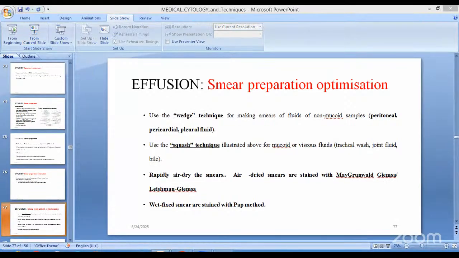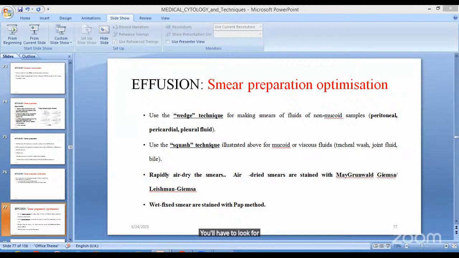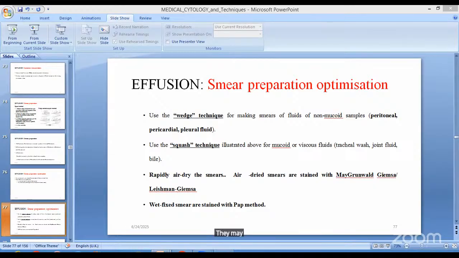The major cells you find in effusion are mesothelial cells. Those are the major cells in effusion. You have to look for them. This slide shows how mesothelial cells look. They may be found singly. Most of the time, at 85% occurrence, they are found singly.